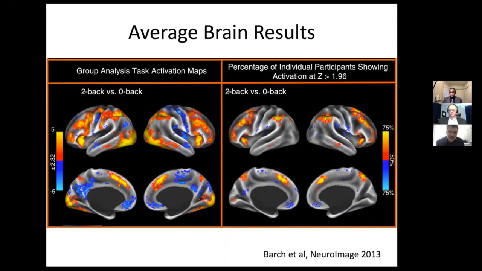So the point here is that if you just take a group map, even if it's derived from a nice meta-analysis or a function that you care about a lot, and apply that at the individual level without collecting any individual functional data, you may not be getting the best target for that individual. And so making fMRI more individual, in terms of fingerprinting and all the various ways that people in the field are trying to improve applications to individual subjects, is very relevant to doing TMS and individualizing it and hopefully making it work better.